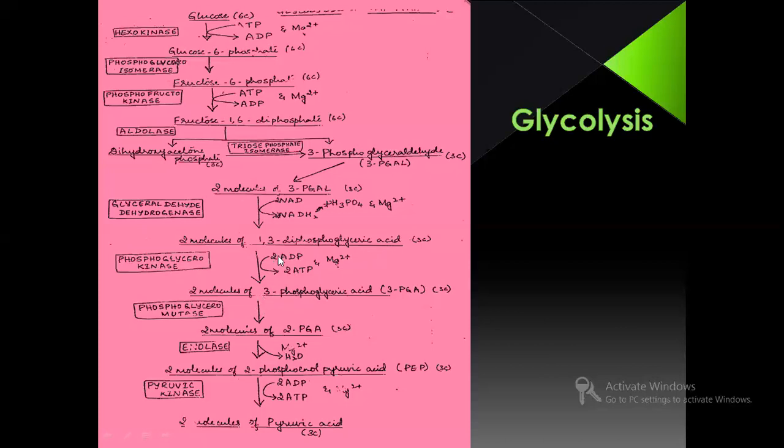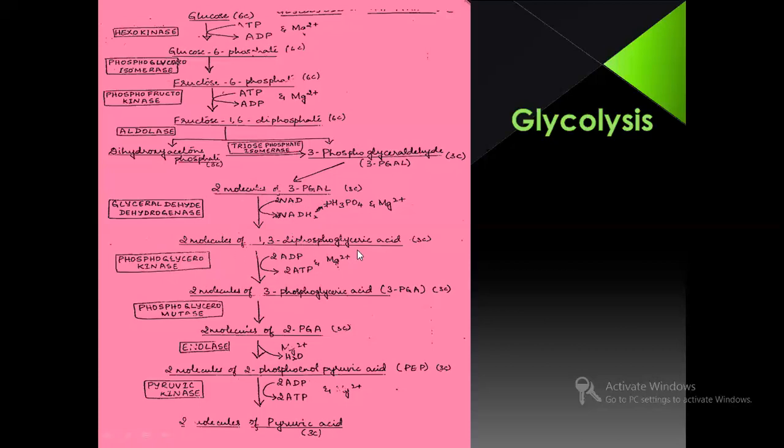You can see that in the conversion of 3-PGAL to 1,3-diphosphoglyceric acid, two NAD molecules are converted into two NADH2 molecules, that is the reduced form of NAD. Again, it's a source of energy.